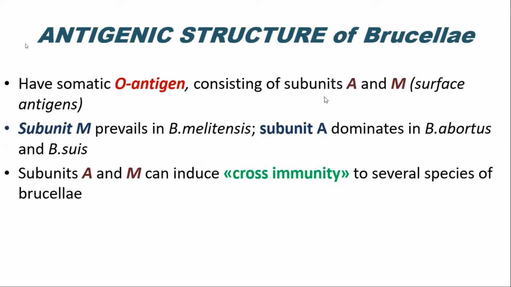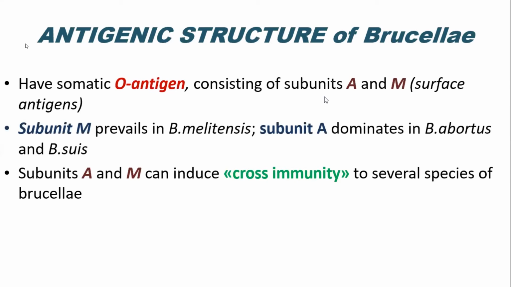The detection of prevalence of subunits A and M makes it possible to differ between species of Brucella.